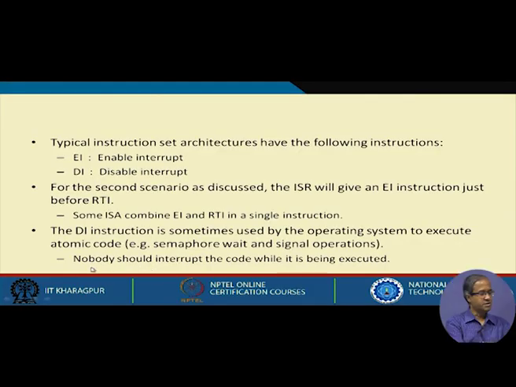It should never happen that we execute the code halfway through, then an interrupt comes and you have to stop. It should not be allowed like that. So, to allow atomic code execution, this interrupt system can be disabled. Okay. So, no external device or anyone should interrupt the code while it is being executed. For that, DI instruction can be used.